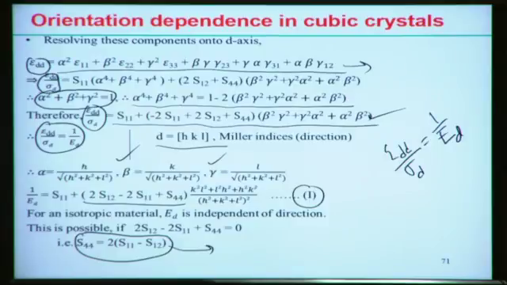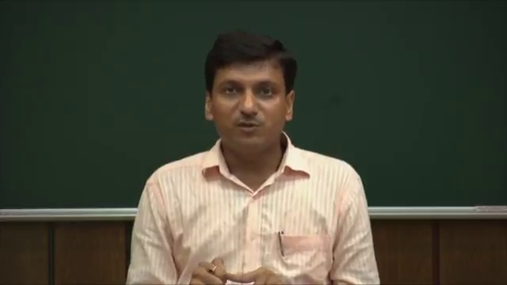We have discussed how we can modify from the cubic structure to isotropic symmetry, and we can use this relation to reduce the number of constants here. So isotropic material properties hold good if this term equals 0, and that brings the condition S44 equal to twice S11 minus S12. All these expressions can also be represented in terms of the stiffness constants.